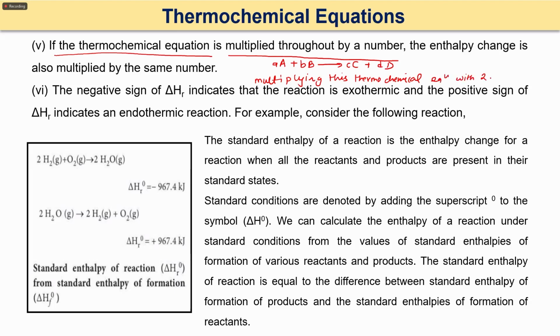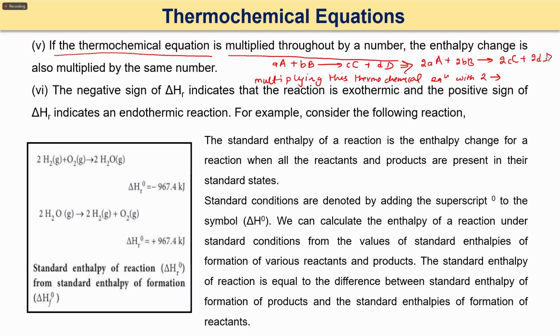So what will it become? It will become 2 of A into A plus 2 of B into B to 2 of C into C plus 2 of D into D.